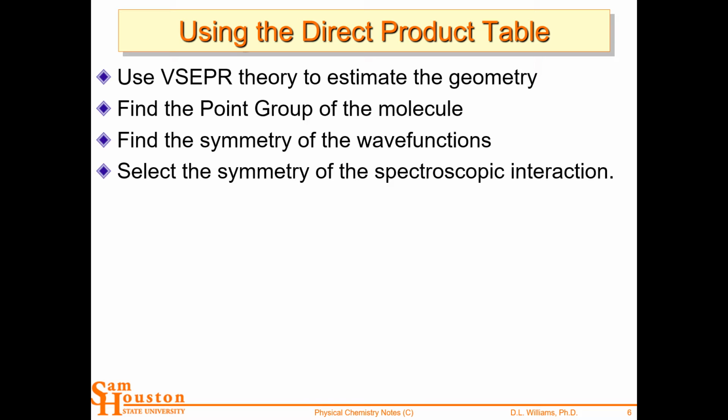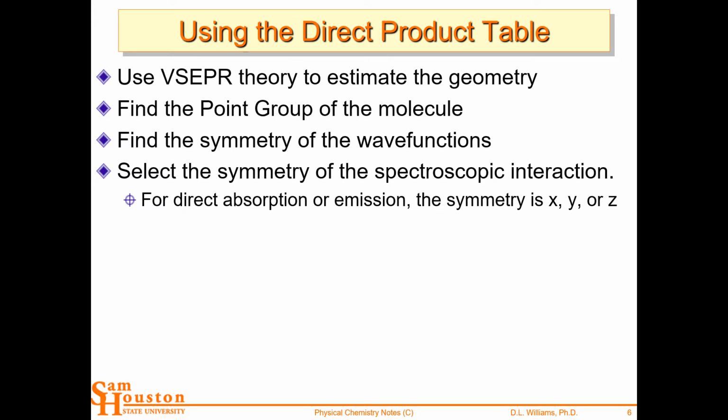If it's direct absorption or emission of light, it could be x, y, or z, because in 3 dimensions you could put that oscillating dipole along the z axis. We have polarized light, and if you use polarized light along the z axis, it would have the symmetry of z. If you have polarized light along the x axis, it would be x, or y, it would be y.